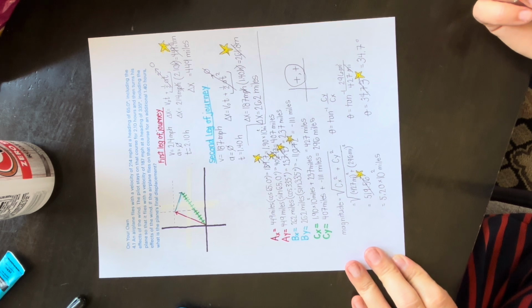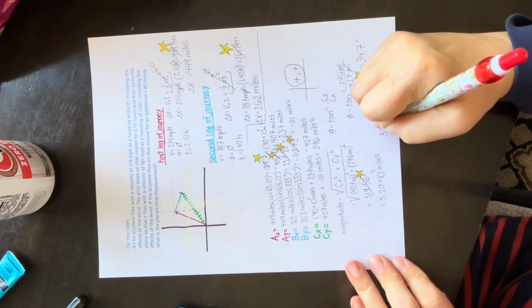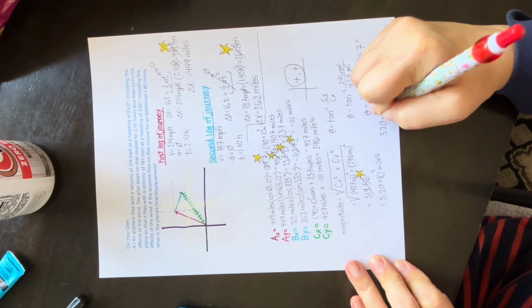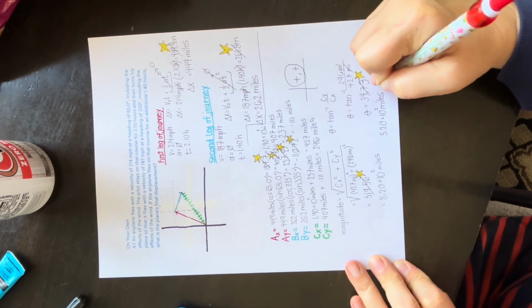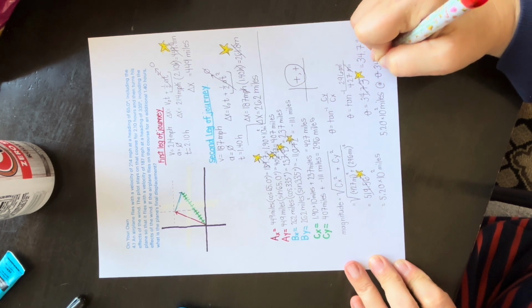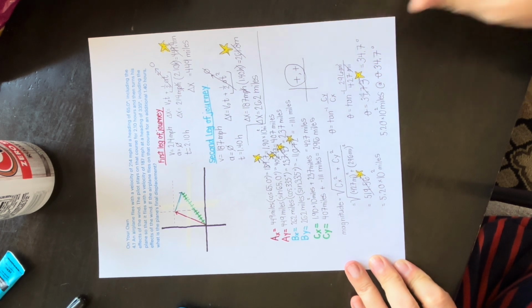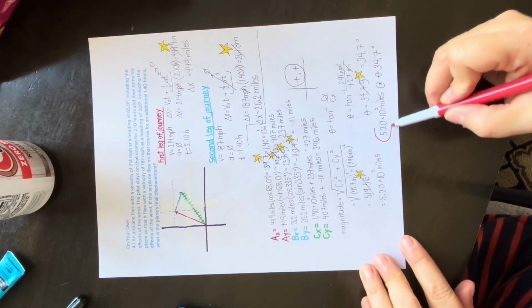In the end, then, the airplane's final displacement vector is 5.20 times 10 to the 2 miles at an angle of 34.7 degrees. I'll circle that.